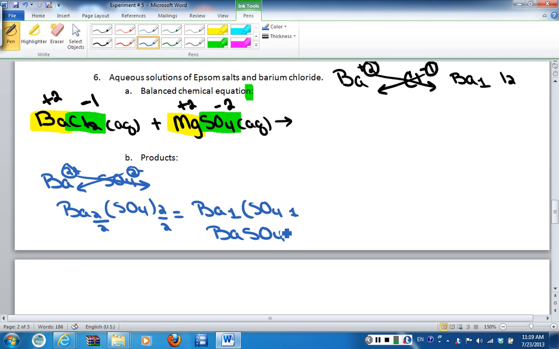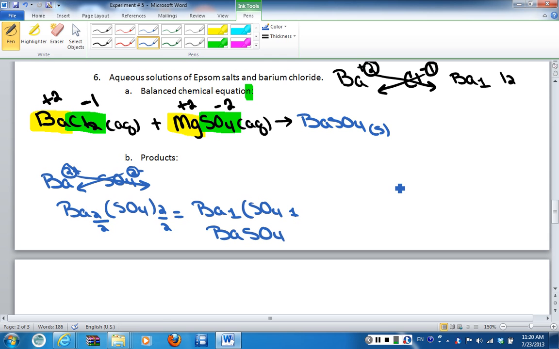So barium sulfate is one of our products. And if we look at our solubility rules in order to predict the phase of this compound, we see that generally sulfates are soluble unless they're paired with certain cations. Barium is one of those cations that, if paired with sulfate, actually falls out of solution as a precipitate in the solid phase. So we have one product done.